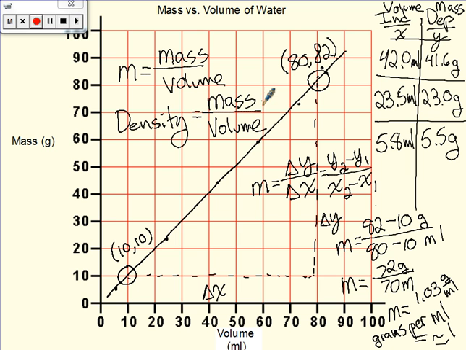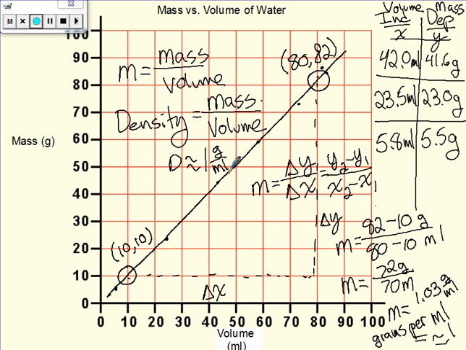Your units will always be mass units divided by volume units. So that's why in this case we end up with a density approximately equal to 1 gram per milliliter, which is what we refer to as the density of water.